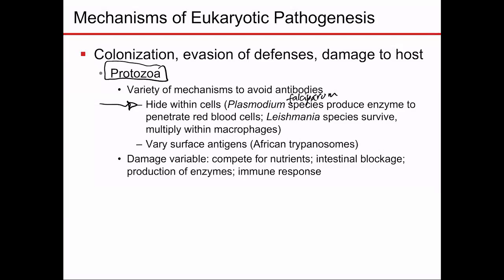It can infect hepatocytes, but it can also infect red blood cells. It's going to change the architecture of that red blood cell, and provide it with the ability to adhere to endothelial cells. This adherence to endothelial cells, promoted by the parasite infecting the red blood cells, plays an important role in escaping immune mechanisms.